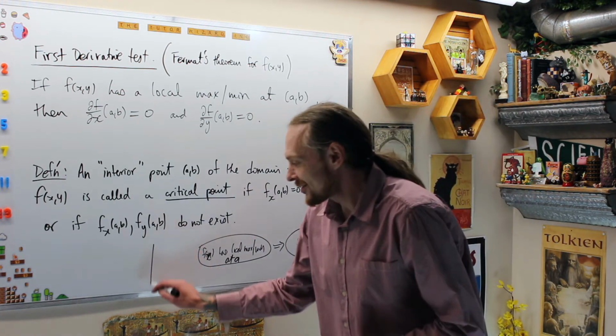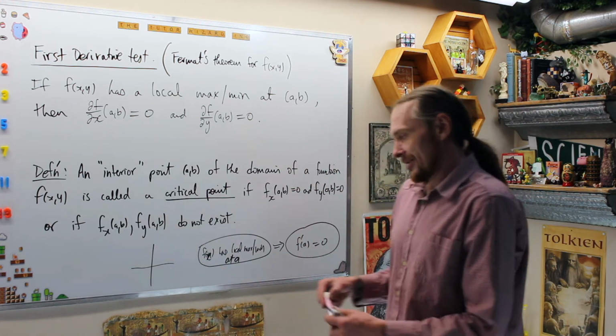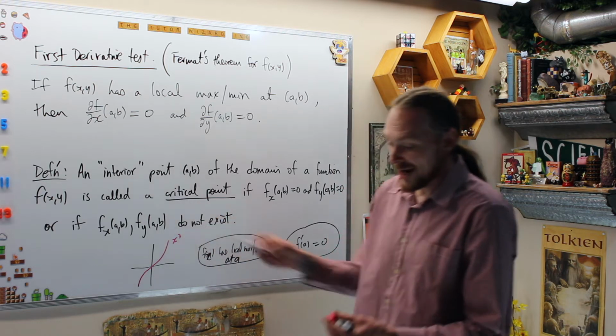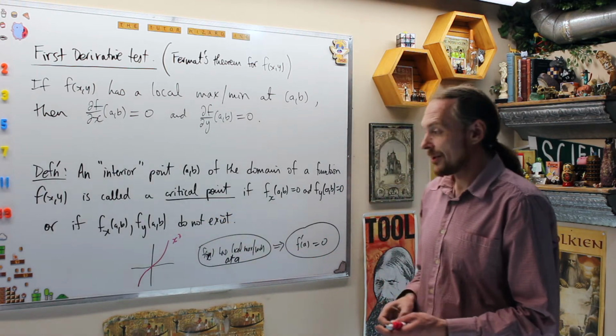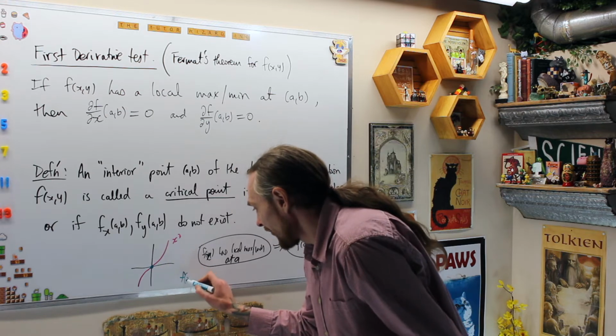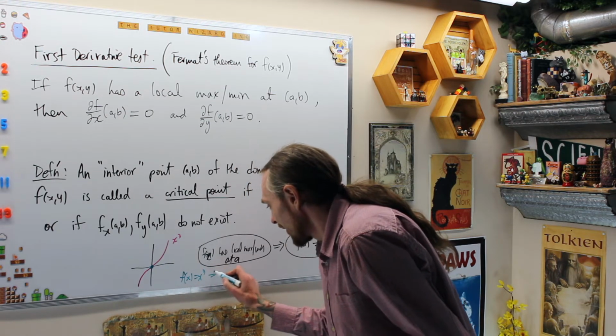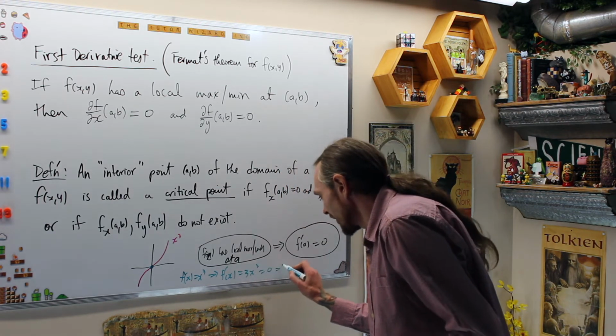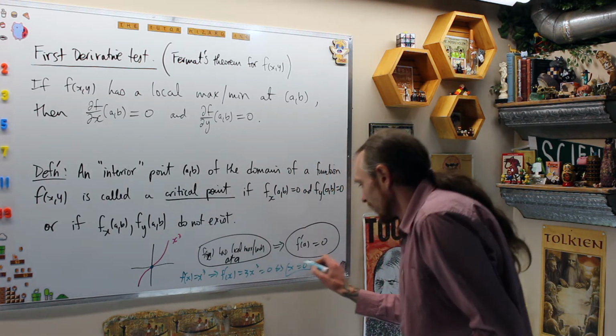What do you use as an example? x cubed. X cubed is this function. That's actually the graph of x cubed, but I'll cheat. Then at 0, how do I know that? Well, if f of x is x cubed, then the first derivative is 3x squared, which is 0 if and only if x is 0.